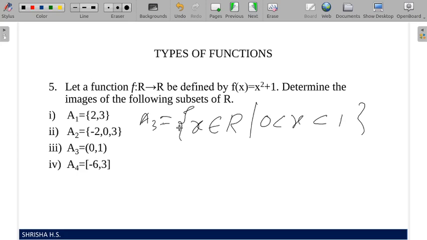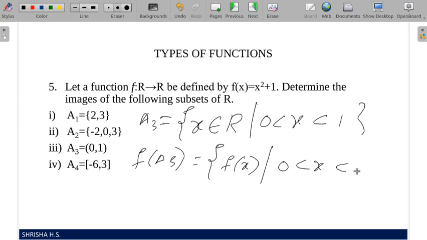Now if you apply the function for that one, f of A3, what can we have? We can represent it like this: it contains f of x such that x is between 0 and 1.